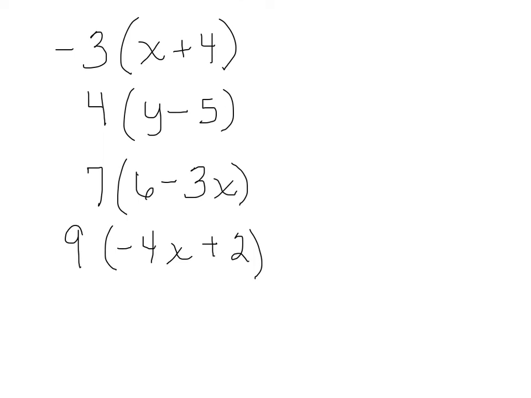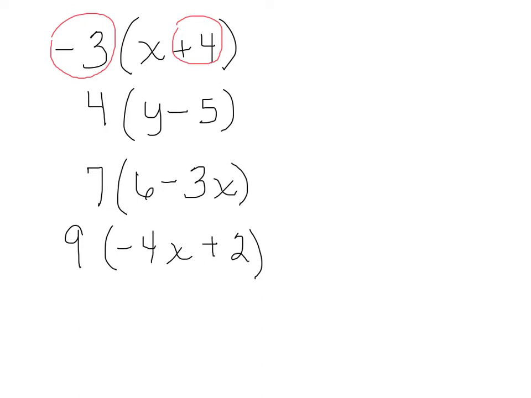Here are a few brief examples of distributive property. What I want to note to you is that you need to remember that the sign in front of the number stays with the number. And when there is no visible sign in front of the number, we assume that it's a positive term. So here I have negative 3 times the sum of x and 4.